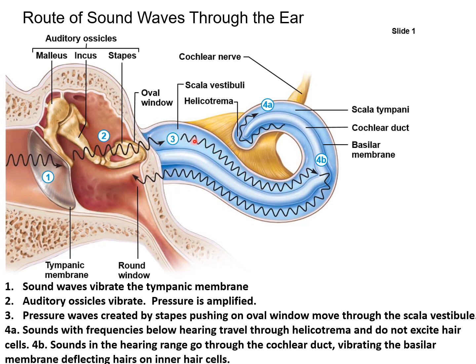So this fluid will flow through this area here. It's called the scala vestibuli. I'm not worried that you remember that. It's actually going to eventually make its way around to this other scala once you go around the apex here. Scala tympani, I'm not worried about that name. And pressure is dissipated out through the round window, right? So the oval window is where that vibration begins, and the round window is where it ends.